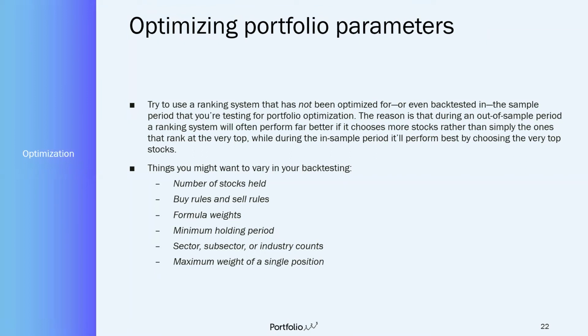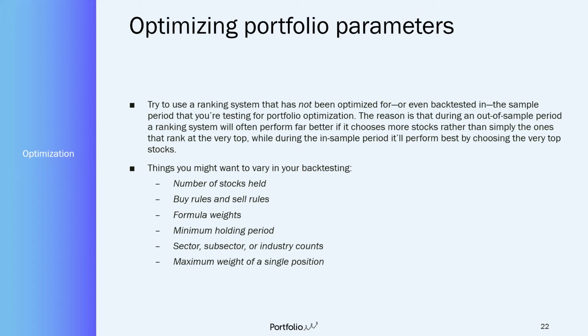If that's not possible, take a recently created and optimized ranking system and see what configuration works best with it during a period prior to your backtesting. At any rate, what you want to avoid is backtesting for portfolio optimization using a ranking system that was backtested during the period you're backtesting for portfolio optimization.